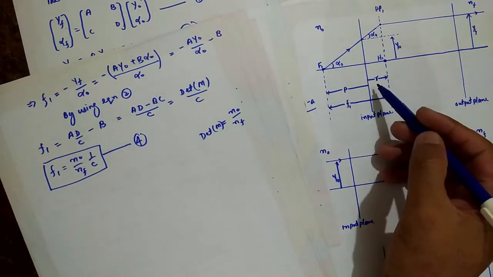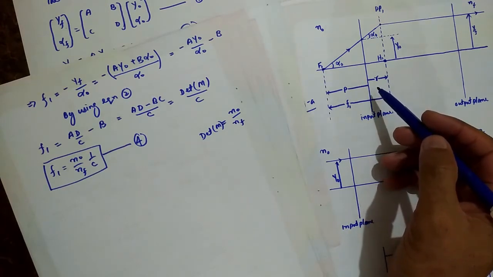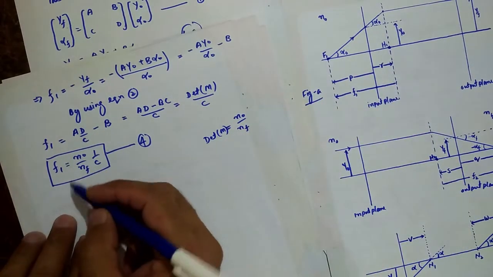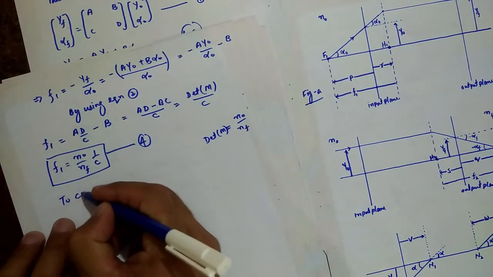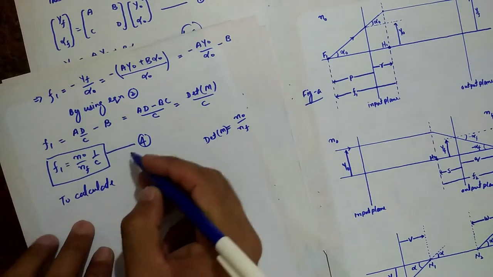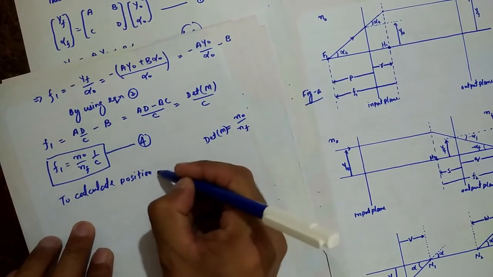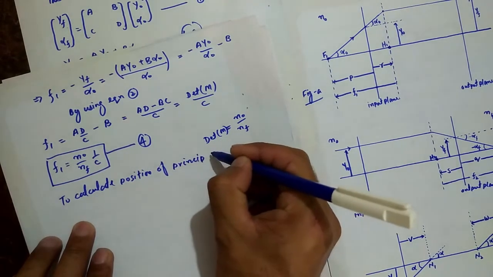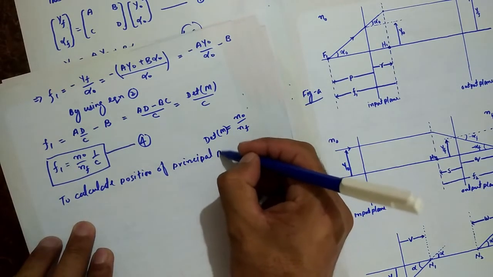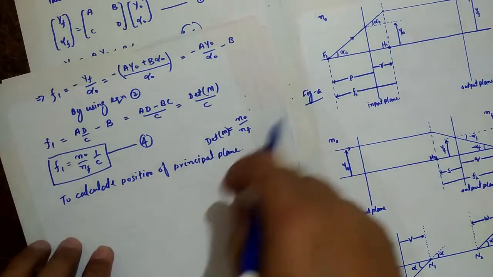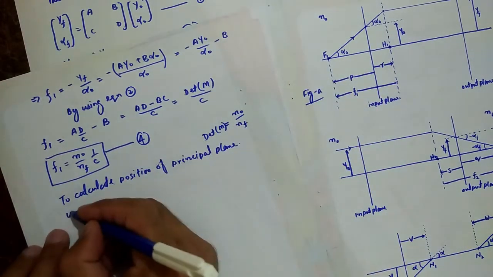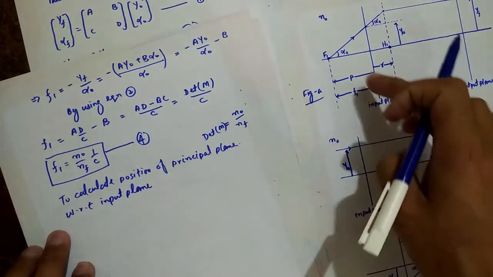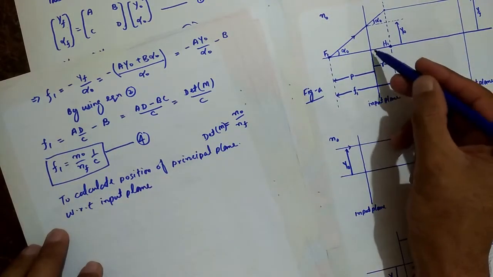Now we are calculating this R. So here from this figure, to calculate the position of the principal point or principal plane, which is with respect to the input plane, because this distance is measured with respect to the input plane.